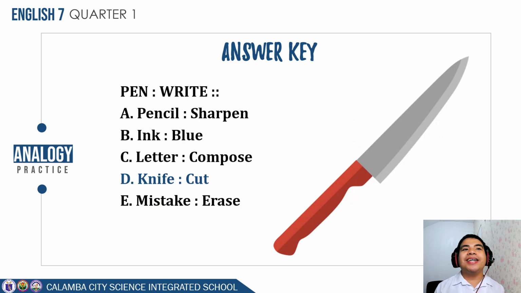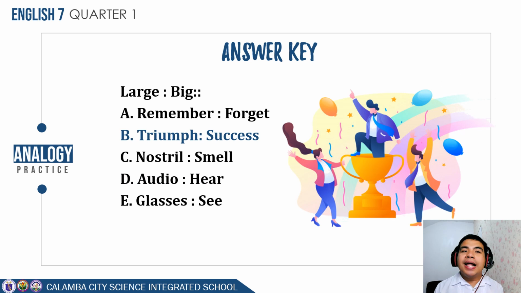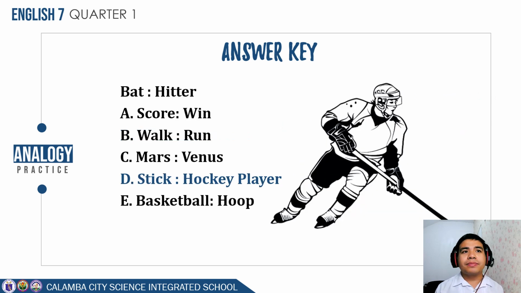Number 2, pen is to write as knife is to cut, because you use a pen to write and also you use a knife to cut. Large is to big. They are synonymous. So let's look for the two words which are synonymous. Yes, that's letter B. Triumph is to success.